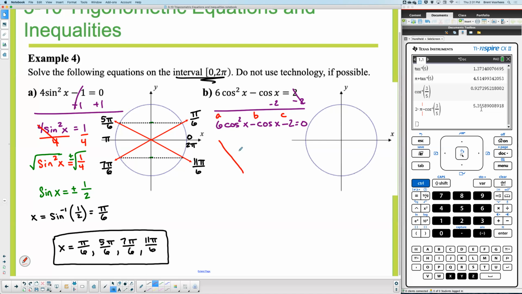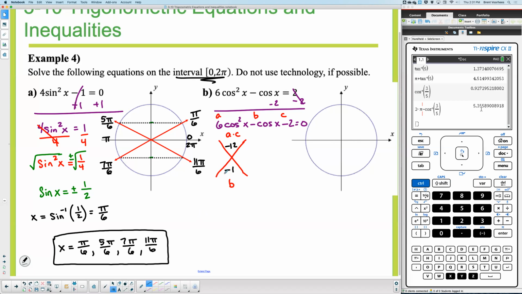First semester, if you remember, you draw an X. We're going to multiply A times C and put B on the bottom. So 6 times -2, -12. Very good. B is -1.